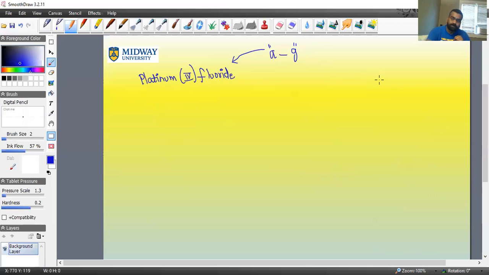Okay, I don't have PT on any of my electronegativity value tables. You don't see PT? No. What do you see? Let me grab. I have PB. Let's do PB then. It's not a big deal.